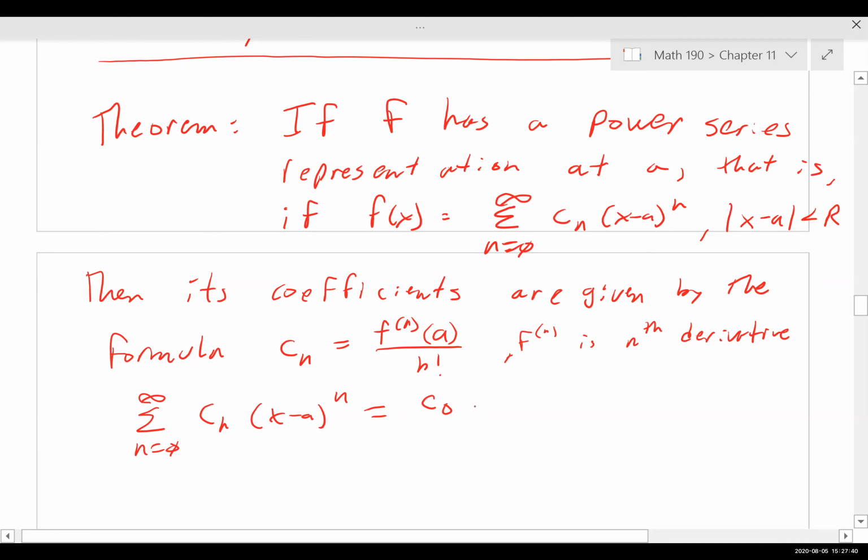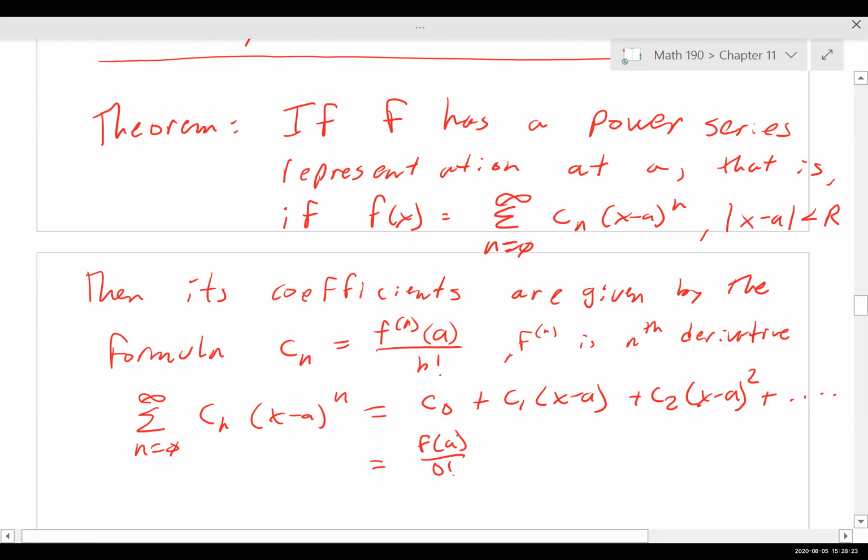Maybe I'll write this out first. c sub 0 plus c sub 1 times (x minus a) plus c sub 2 times (x minus a) squared plus dot dot dot. I'm messing up all over the place. So what are the coefficients going to be here? They're going to be f of a over 0 factorial.